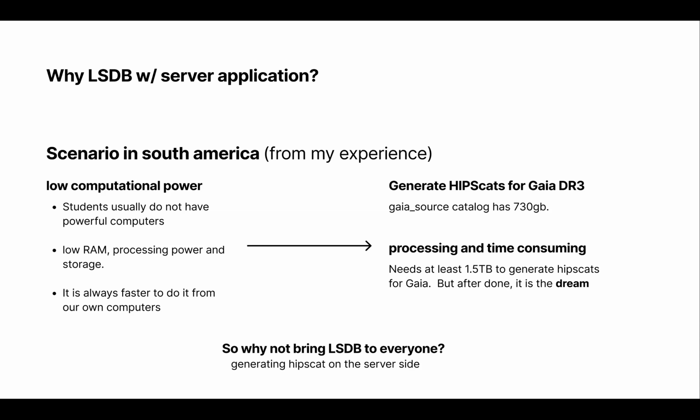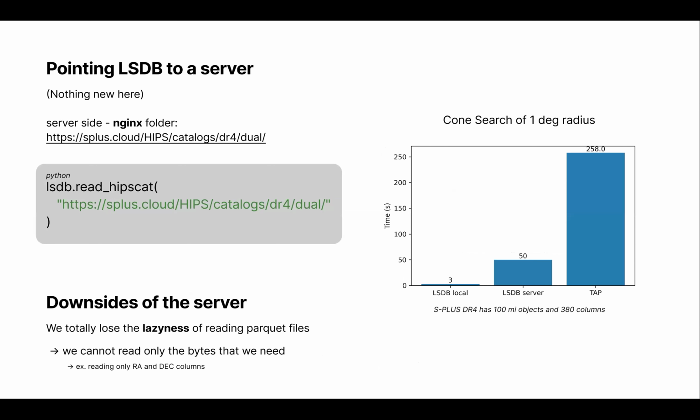And at first, this is nothing new, because you could already point LSDB to a server before, just as you are seeing here. So you could generate it on the server side and use a proxy to point to it and read just as it is here. And you can see that it still performs much better than the TAP.